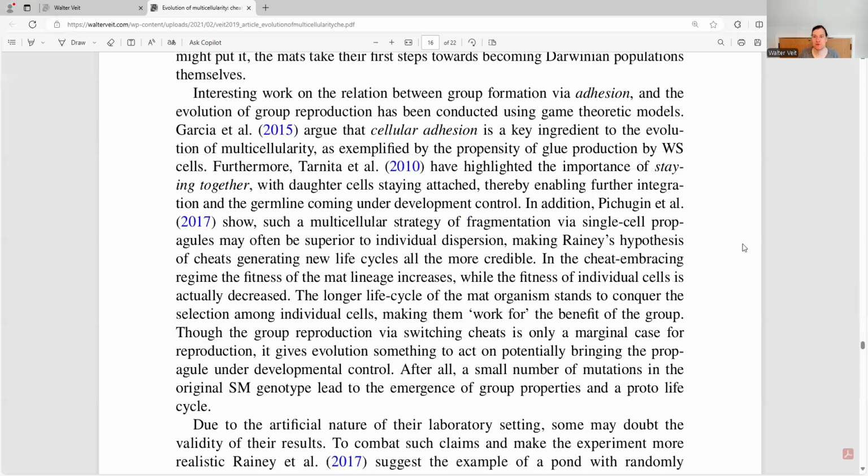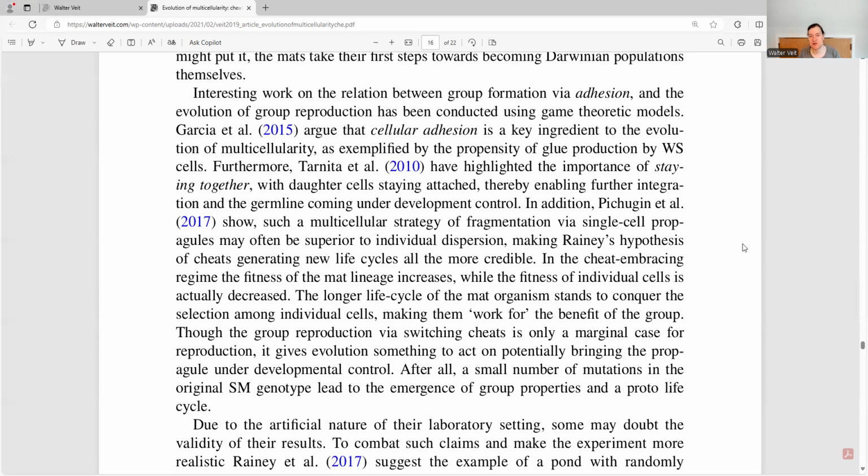Interesting work on the relation between group formation by adhesion and evolution of group reproduction has been conducted using game theoretic models. Garcia et al. 2015 argued that cellular adhesion is a key ingredient to the evolution of multicellularity, as exemplified by the propensity of glue production by Wrinkly Spreader cells.